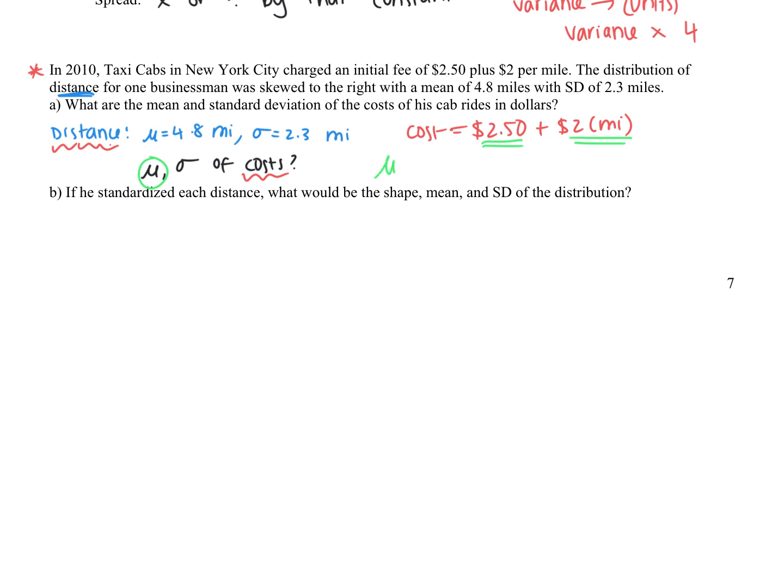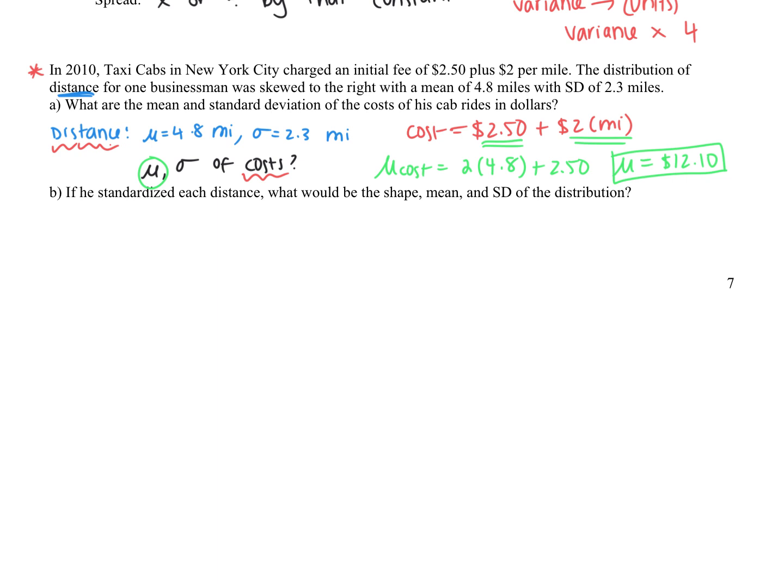So if I want the mean of the cost, I'm going to take the mean of 4.8 and multiply it by 2, and then add that $2.50, which gives me a mean of about $12.10. So on average, this businessman spent about $12.10 on the rides.